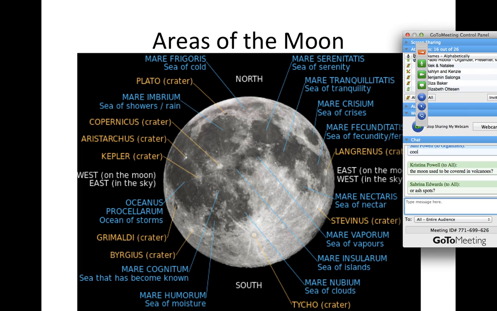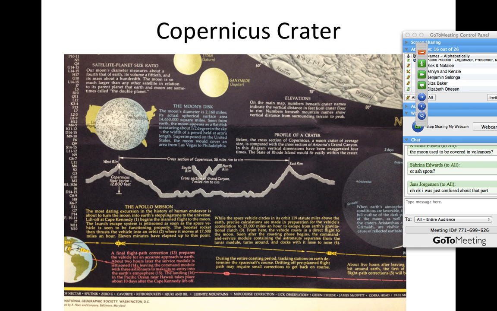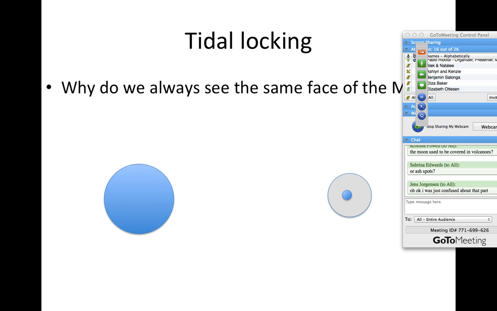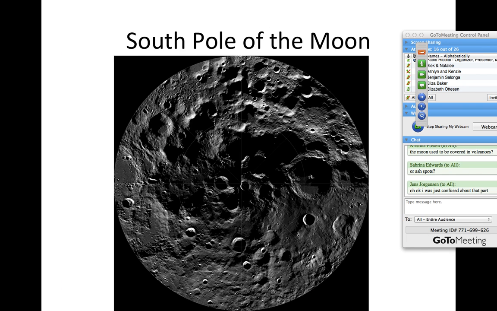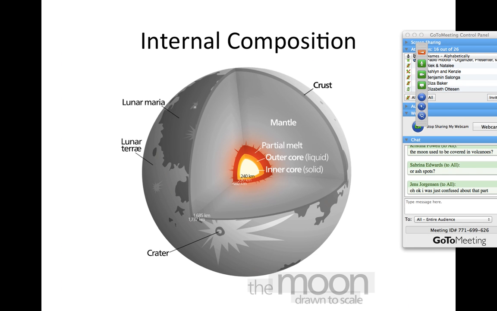The question here, Annika asks, did the moon used to be covered in volcanoes? No, there wasn't a whole lot of volcanic activity on the moon. So one of the things that happened, let me go here to this, too fast. This slide just shows the composition of the moon.